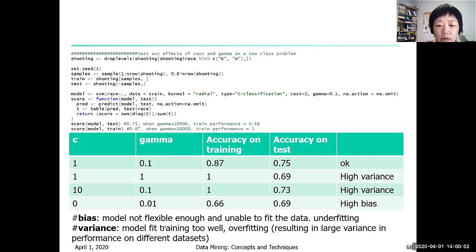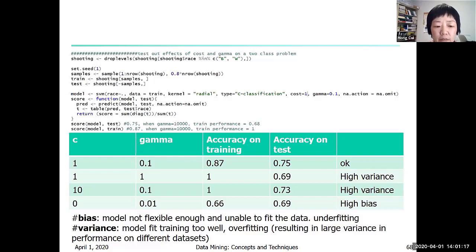One is bias, another is variance. If you read outside of the textbook, you will find bias and variance being used to characterize the performance of machine learning algorithms. Bias means the model learned is not flexible enough.